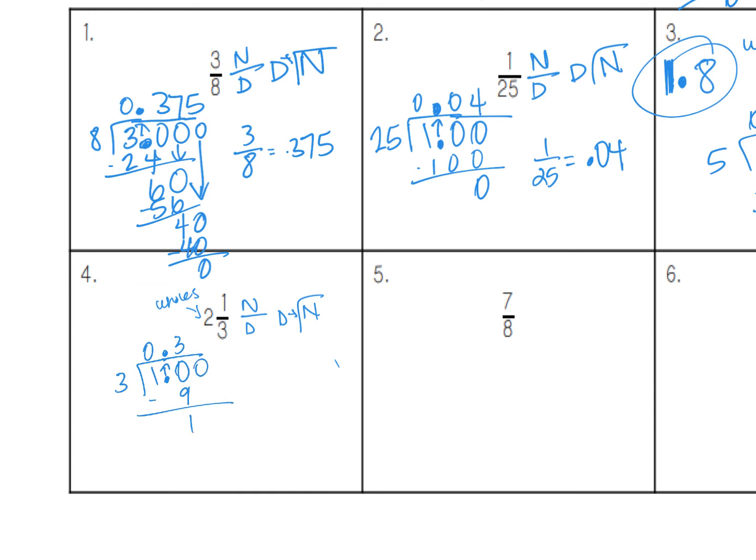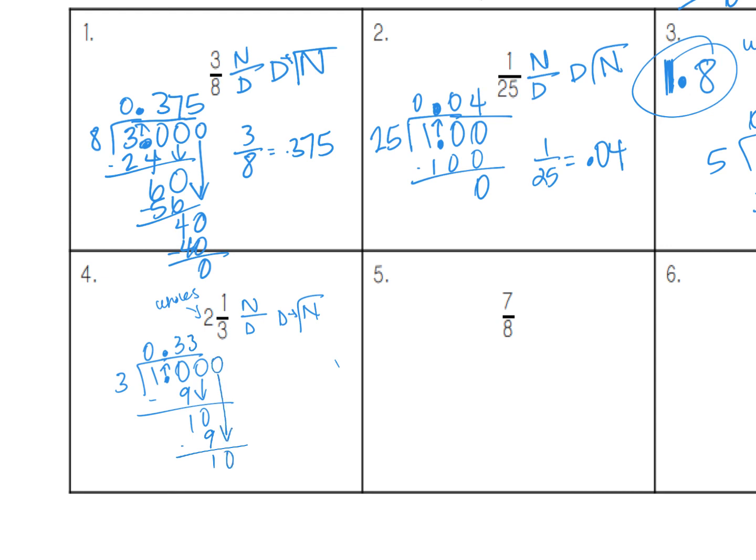I have 1 left over, so I need to add a 0 and bring it down. And 3 goes into 10 3 times. So I'm going to put a 3 up here. 3 times 3 is 9. I will subtract, and 10 minus 9 is 1. So again, I have 1 left over, and I'm going to add a 0 and bring it down.